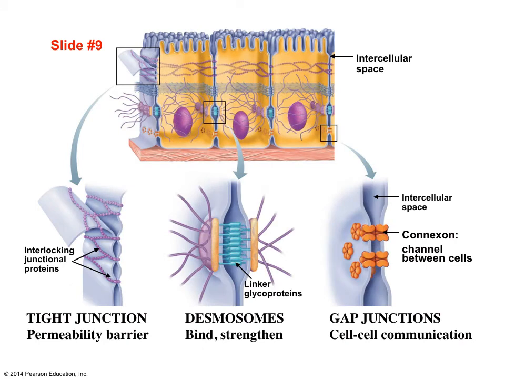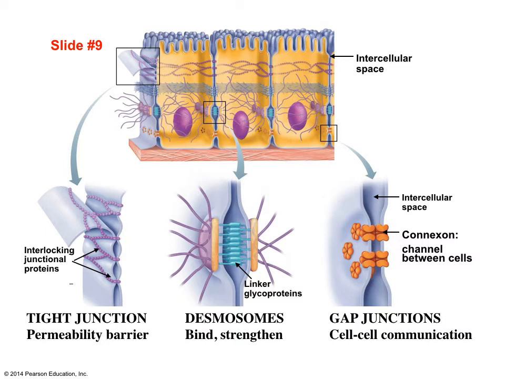From top to bottom, we have tight junctions where the proteins of adjacent membranes fuse. Tight junctions go around the entire perimeter of the cell and provide a permeability barrier.